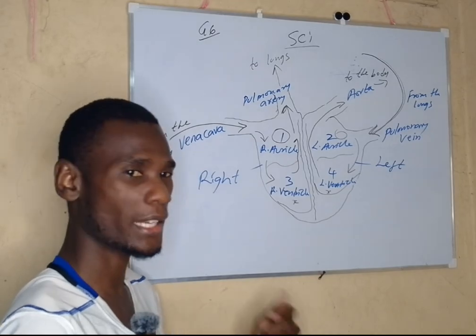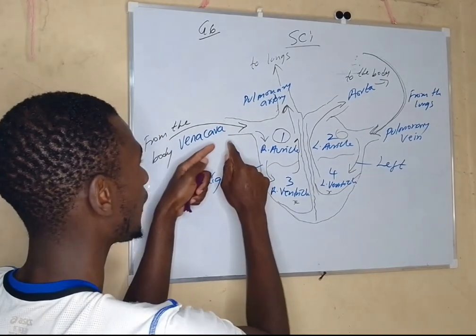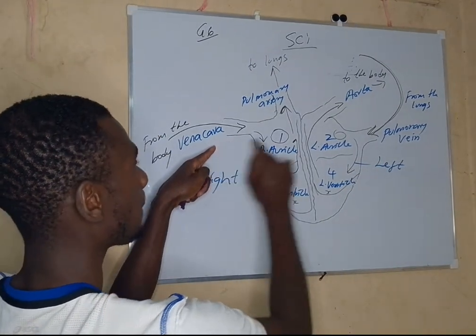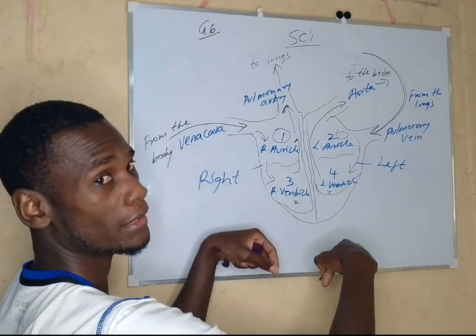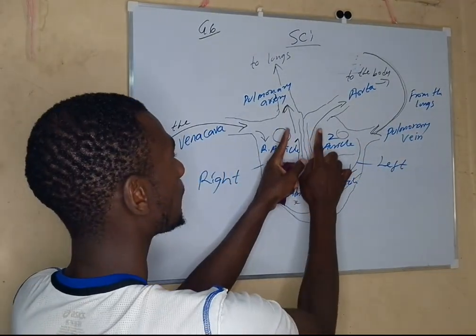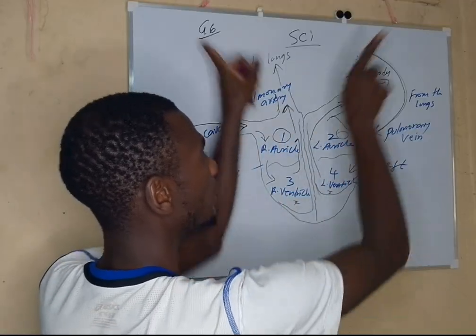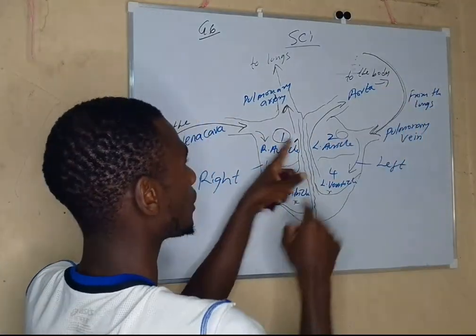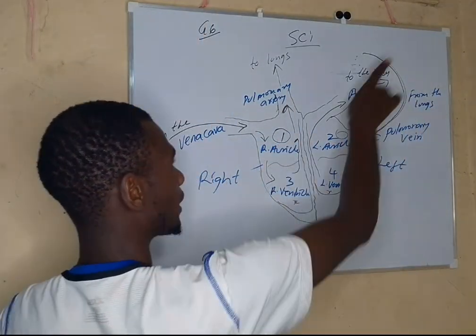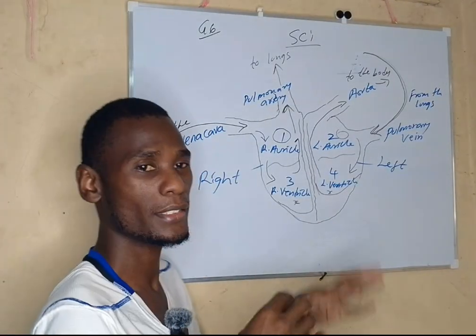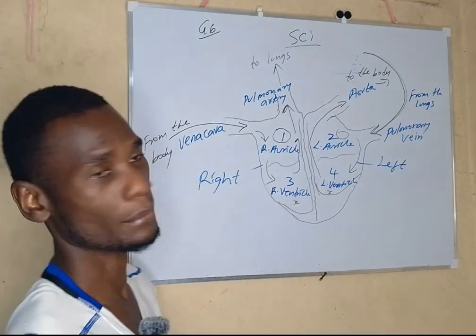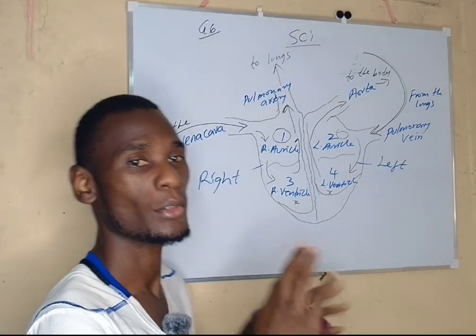So look at the outer blood vessels, the vena cava and the pulmonary vein. They bring blood inside the heart. Then the inner blood vessels take it out. This one is taking to the lungs, this one is taking to the body. So by just looking at this diagram, you can understand the whole process.